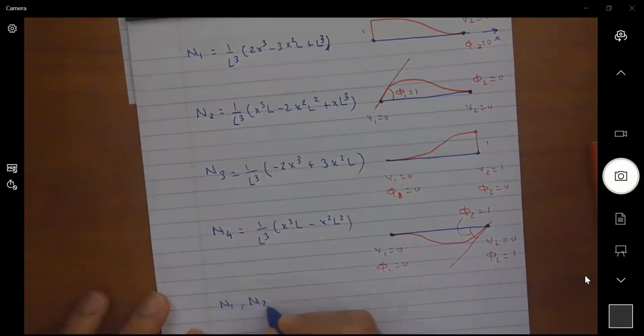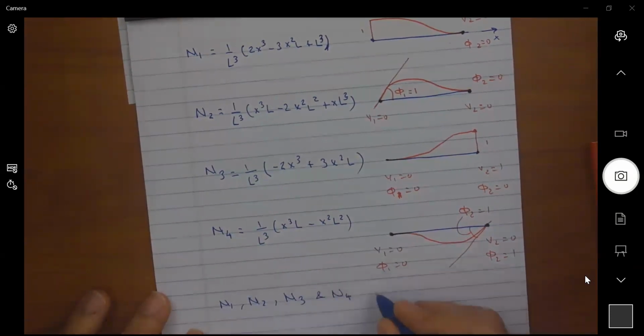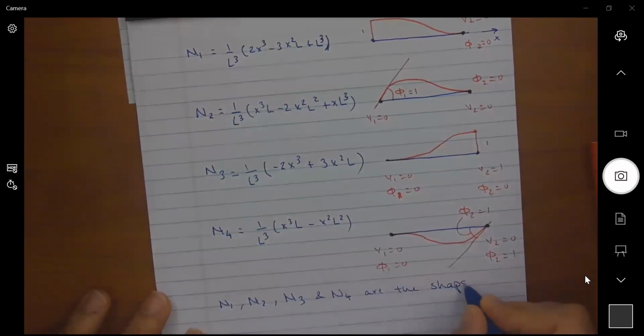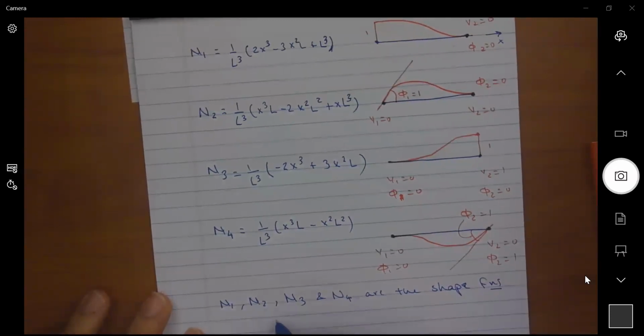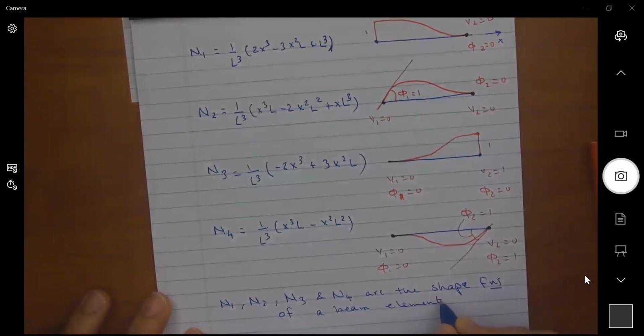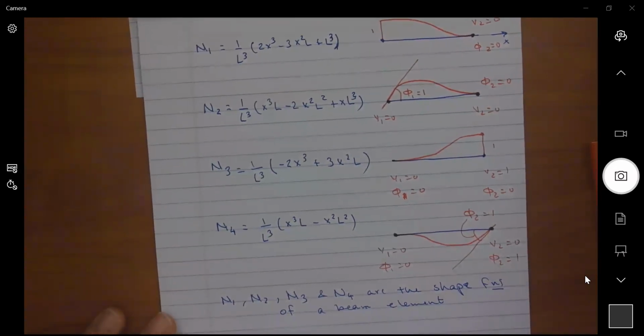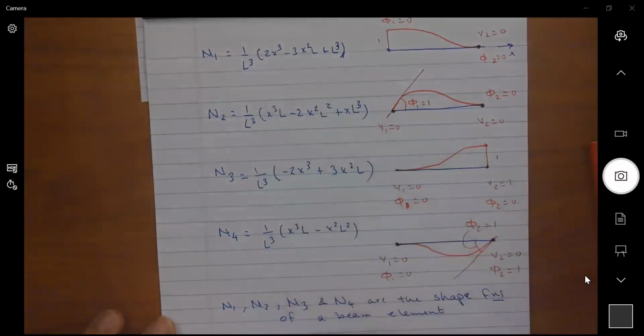N1, N2, N3, and N4 are the shape functions of a beam element. If you look at them, they're all cubic functions, right?